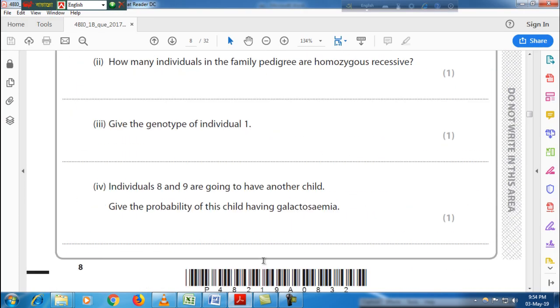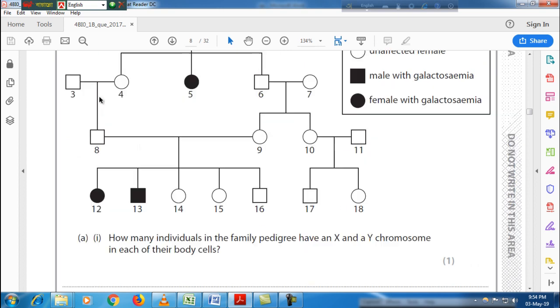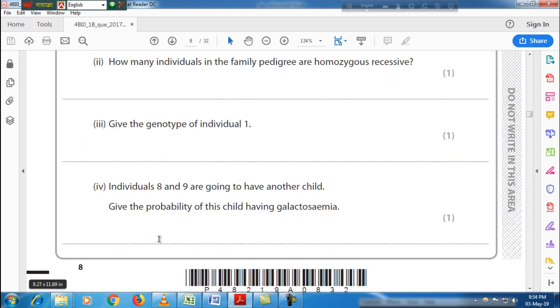Number 4, individuals 8 and 9 are going to have another child. Give the probability of this child having galactosemia. So in 1 we saw that it is hetero. Now in the next question they already asked the probability of this child having galactosemia.